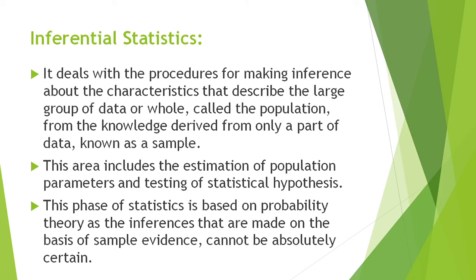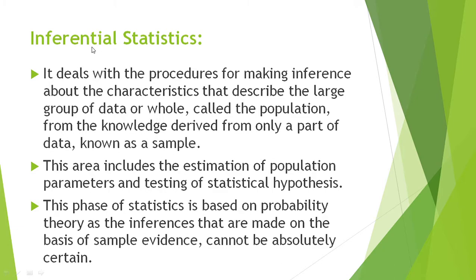Next, the second branch is inferential statistics. It deals with the procedure of making inference about the characteristics that describe a large group of data, or whole, called the population, from the knowledge derived from only a part of the data known as a sample.